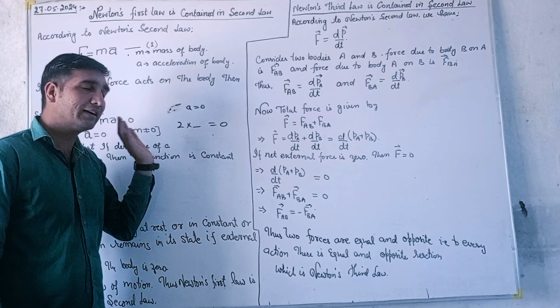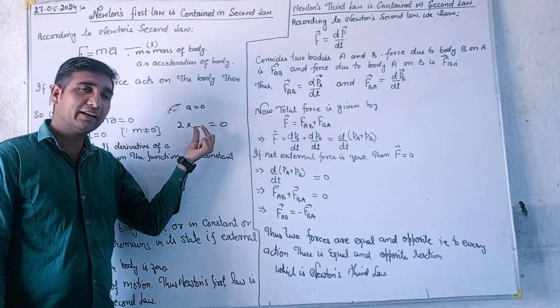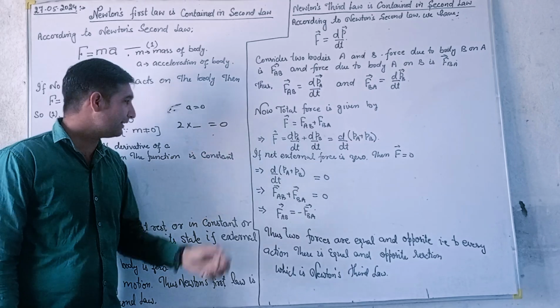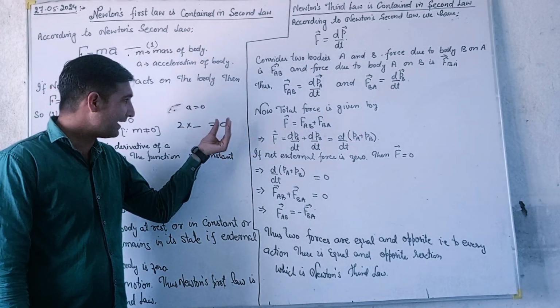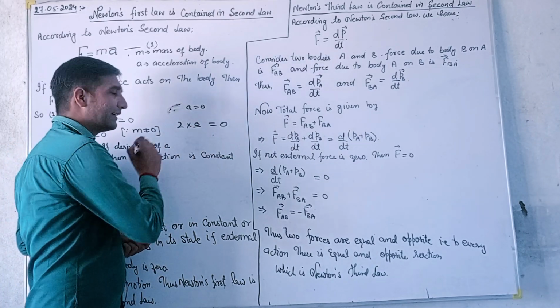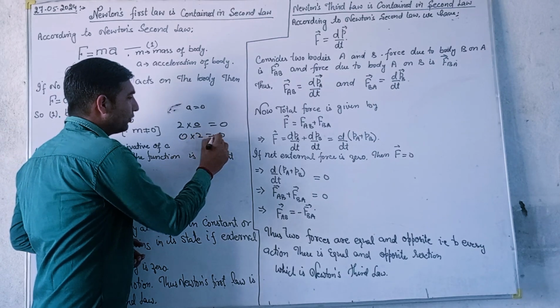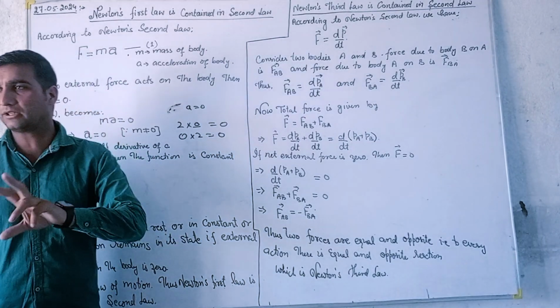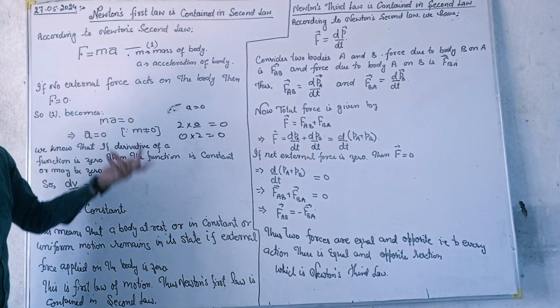The result can be nothing except 0. To get 0 on the right hand side, you have to put only 0 and nothing else. You can also write it like this: 0 times 2 is equal to 0. That means from the two, one must be equal to 0. So m is not equal to 0, so a must be equal to 0.